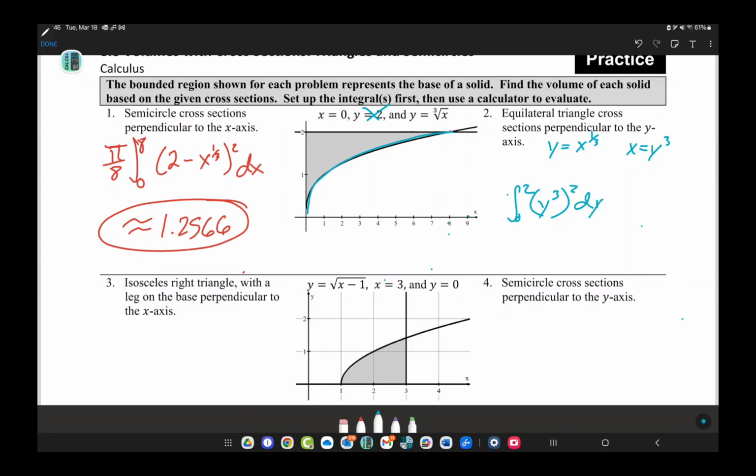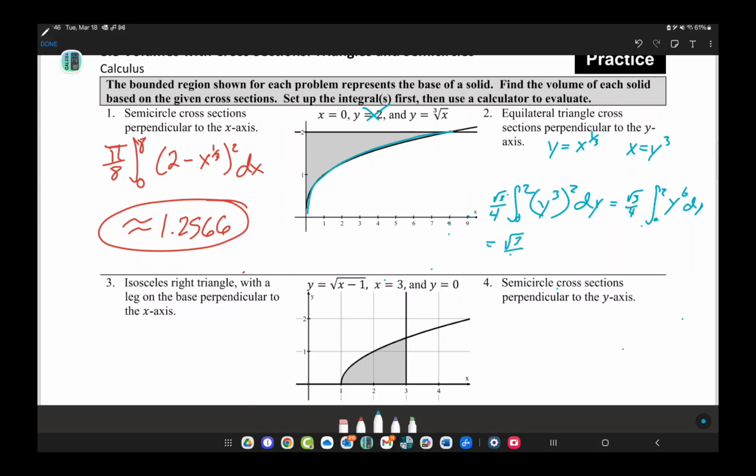Which in this case, we could just do the integral. Now, these are equilateral triangles, right? What am I forgetting? Equilateral triangle? Root 3 over 4. So if we do the integration, we have root 3 over 4 times the integral from 0 to 2 of y to the 6th dy.